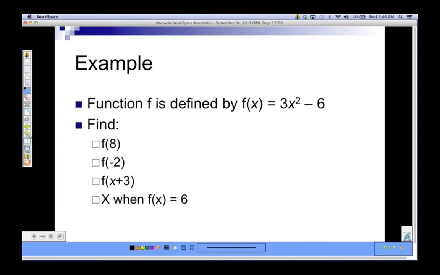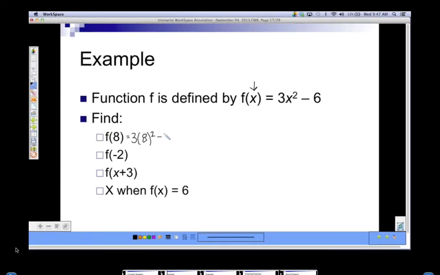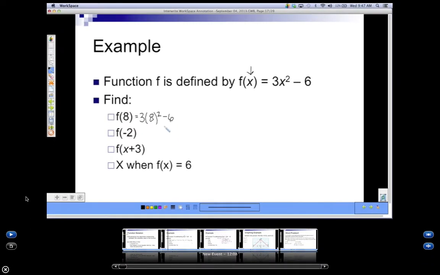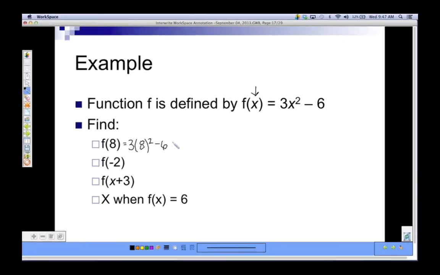So, when this says find f of 8, notice what did this 8 replace? It replaced the x. So, to find f of 8, that means that we're going to plug 8 in for x. So we're going to have 3 times 8 squared minus 6. We know that 8 squared gives us 64.